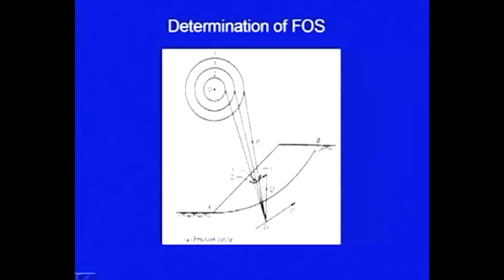You can find its CG and its weight, and then by taking the resultant of W and U, we know the Q force. We draw this Q force through the CG, and we get this point D.